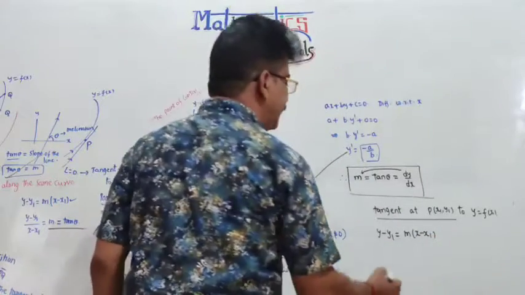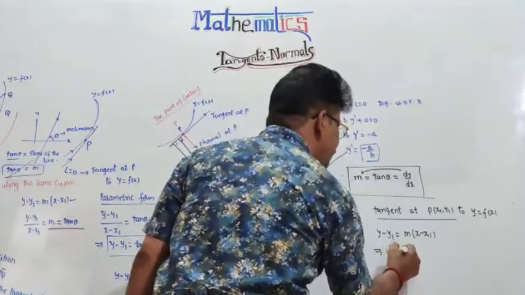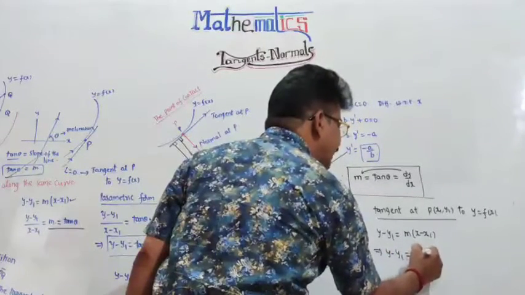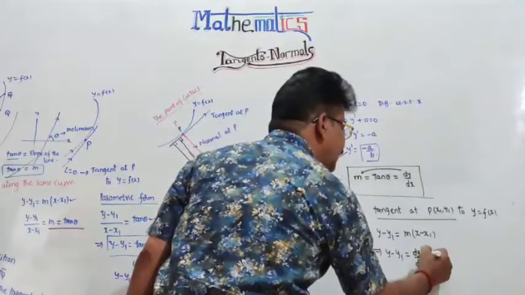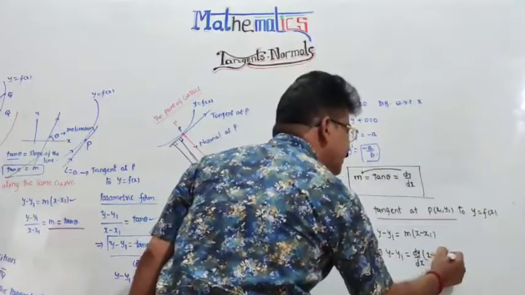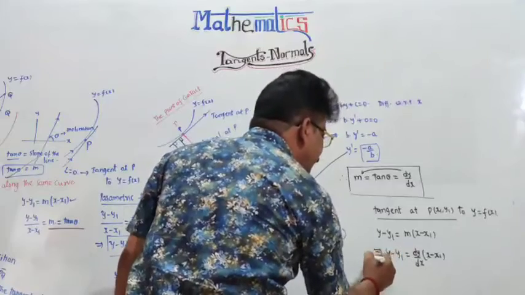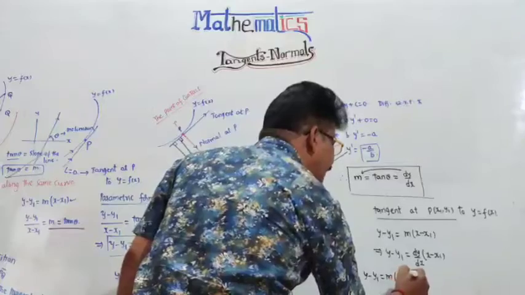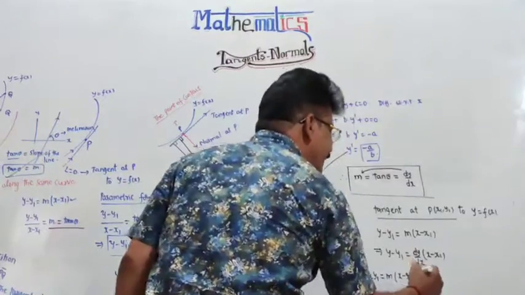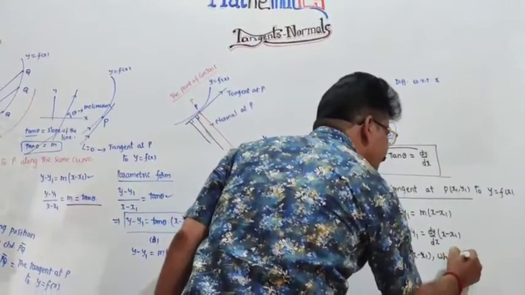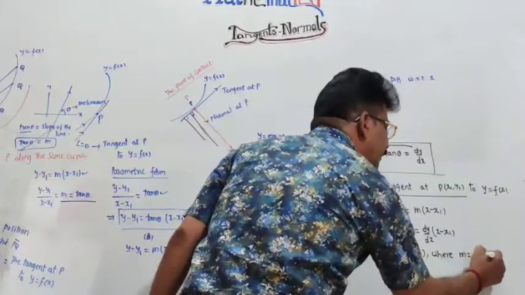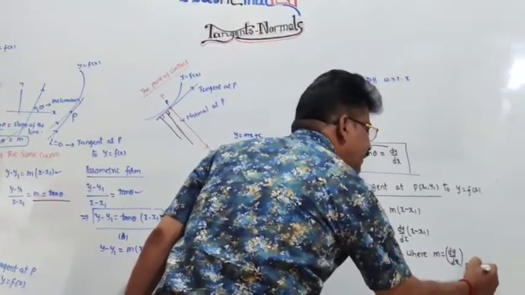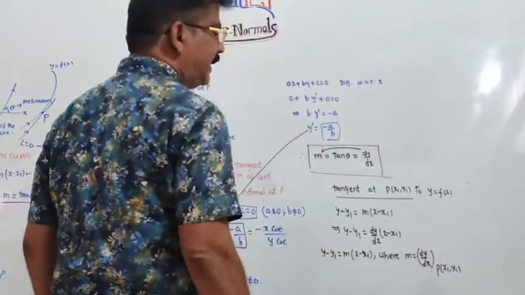Tangent is a straight line. Here we proved that m means dy by dx. So y minus y1 is equal to dy by dx into x minus x1, or y minus y1 is equal to m into x minus x1, where m is equal to the first derivative of y with respect to x at the given point P of x1 y1.